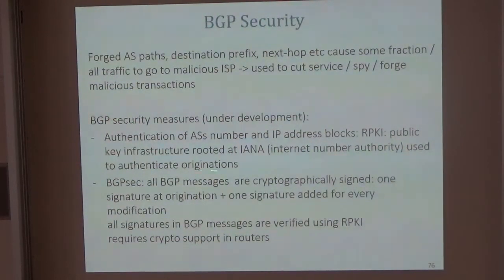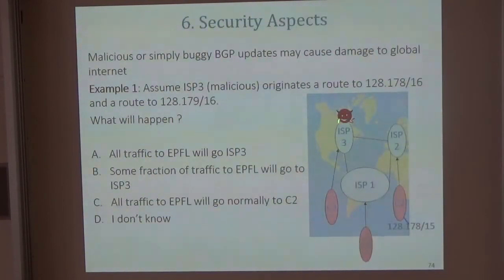The first one that is obviously missing is authentication of the AS number and the IP address blocks. So in the attack that was shown before, this guy is saying this block belongs to me. Right? But that's easy to know that it's not true because the IP blocks are allocated by one central entity.